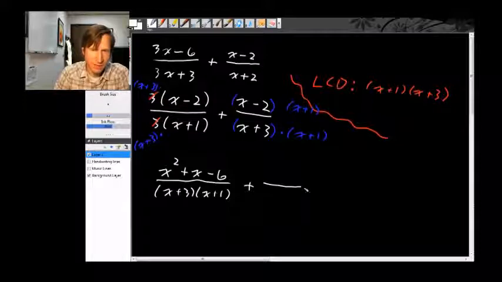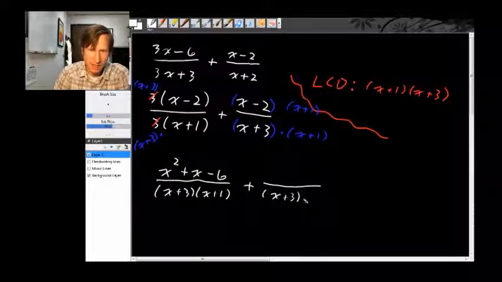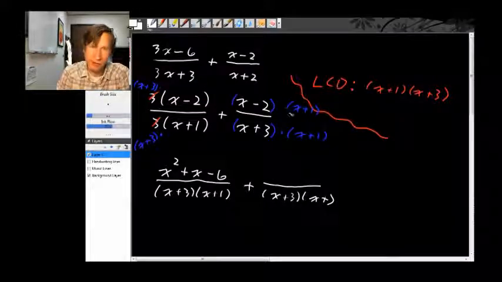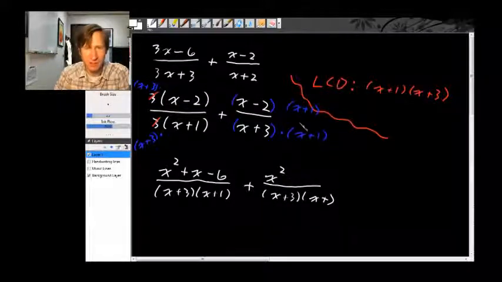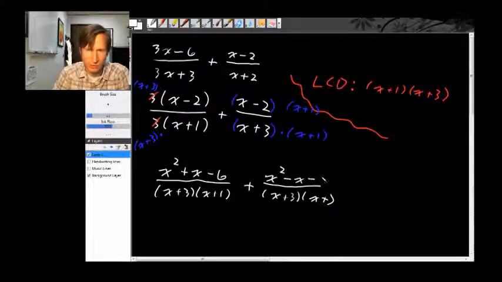Plus, now the denominator on the right is, again, (x + 3)(x + 1). And in the numerator, again, we'll need to multiply this all out. So we get x squared, minus 2x plus x is minus x. And then minus 2 times 1 is minus 2.